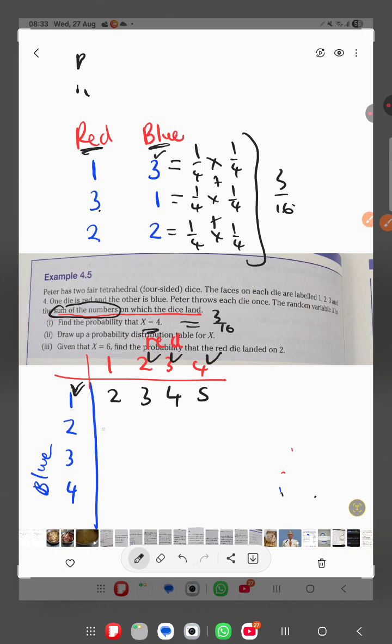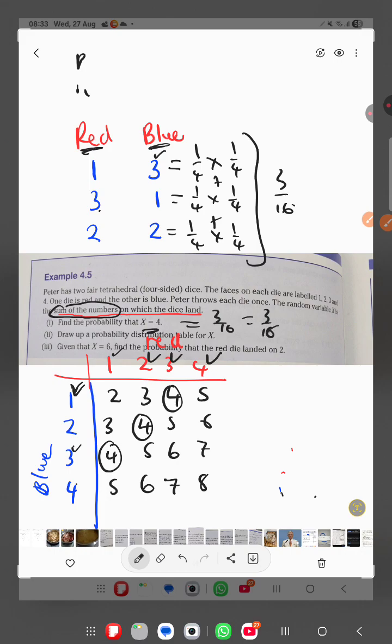You get the gist. This becomes 3, 4, 5, 6. 3 and 1 makes 4, 3 and 2 makes 5, 6, 7. 4 and 1 makes 5, 6, 7, and 8. Sometimes it's a lot easier to do it that way. You could then recognize that the probability of 4 is 3 out of 16. That's just one way you could have done it.